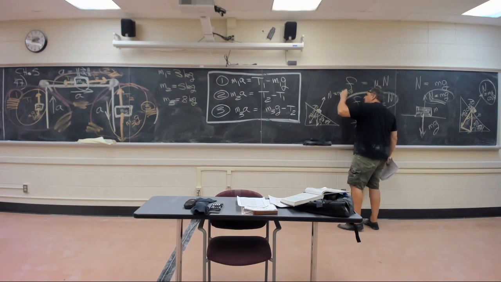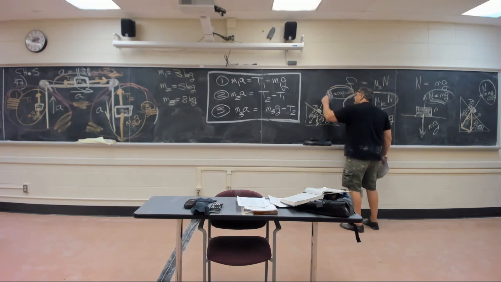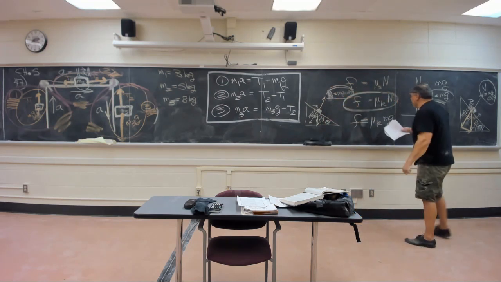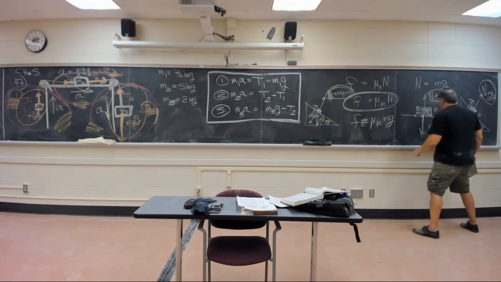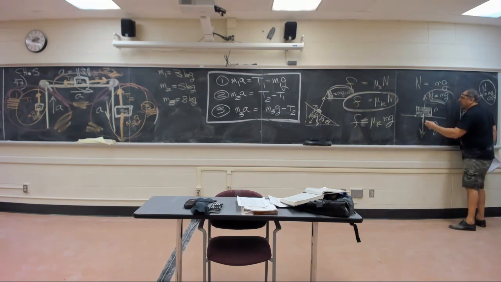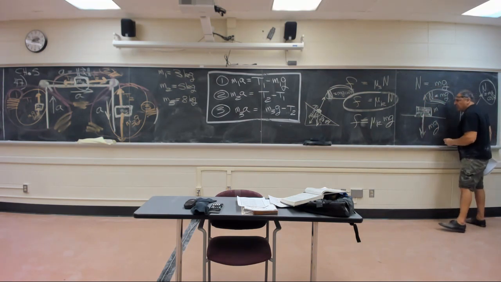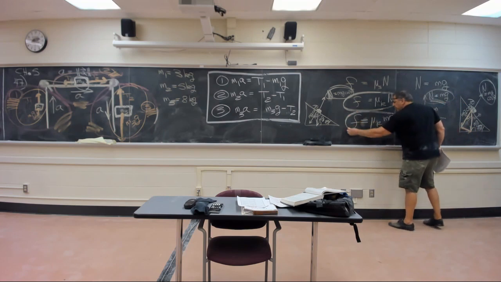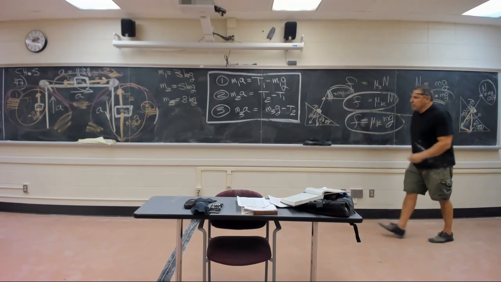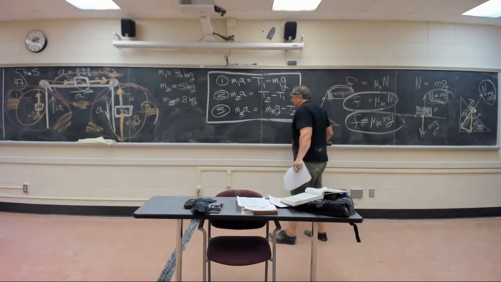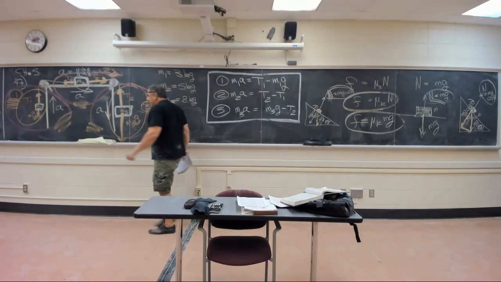Well, if theta is 0, if the thing is not inclined, theta is 0 and it's just mg. If it's lying on the table, mg goes straight down, mg pushes straight up. So this is the force of friction. Friction always opposes motion.